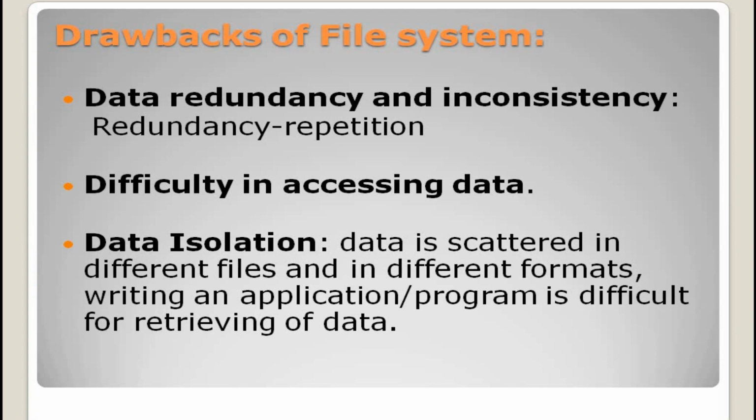It is not possible in a file system to write a procedure or a program to access that data at one time, because these files will have different formats and different columns. But by using the concept of joins in the database management system, it is now possible to have data from multiple tables or files at one time.